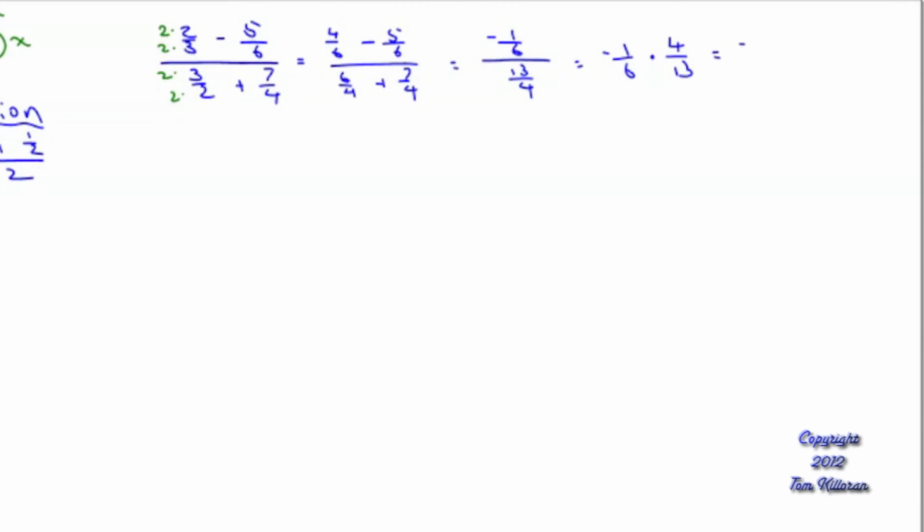So this becomes negative 4 over 78. Cross cancel? Oh, yeah, you can. I'm not going to do it though. 78, right? And then they have a common factor of 2, so that'd be negative 2 over 39.